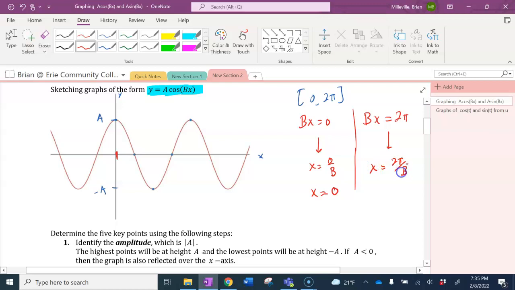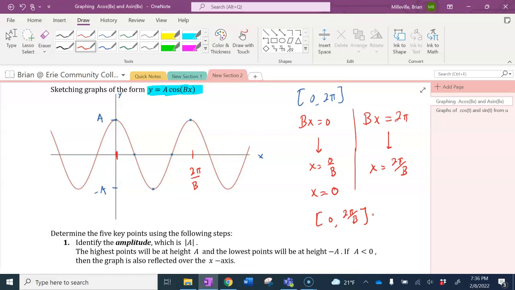That's indicating to us that we're going to be completing one cycle of this transformed graph over the interval from 0 to 2 pi over b. So instead of going from 0 to 2 pi, one cycle will be completed on the interval 0 up to 2 pi divided by b. Now b could be a number bigger than 1. If it's bigger than 1, that interval is going to be smaller than 2 pi. If b is less than 1, it'll be a number greater than 2 pi, or an interval longer than the interval from 0 to 2 pi.